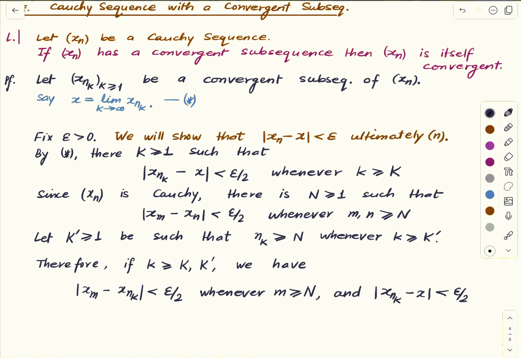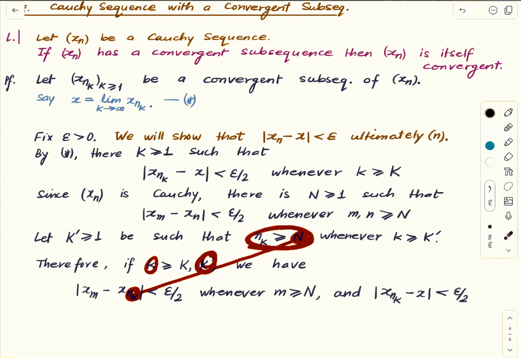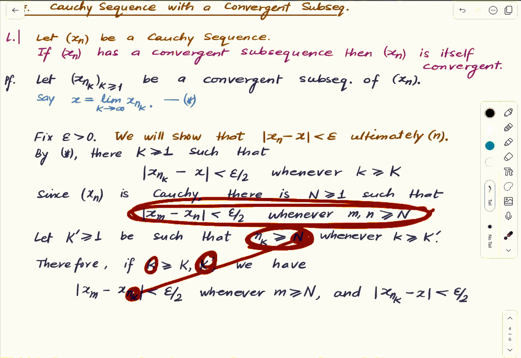So let me justify the statement. Whenever k is at least both of them, meaning it is at least the maximum of these two things, this happens. Why? Because if k is at least that much, n_k is at least that much, as written over here, and therefore with m and n_k both at least capital N, their difference in absolute value is at most epsilon by 2.